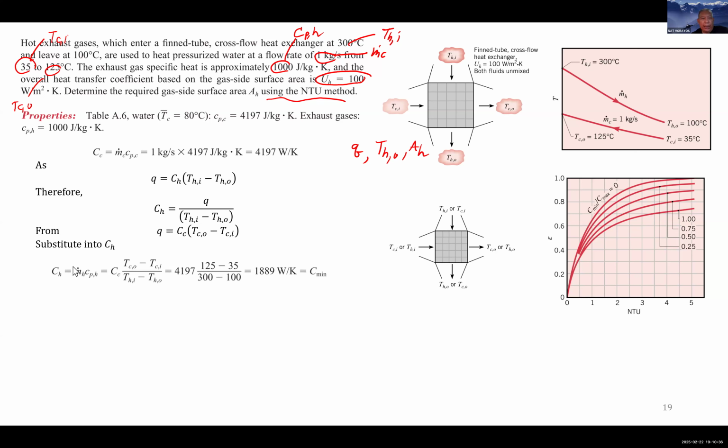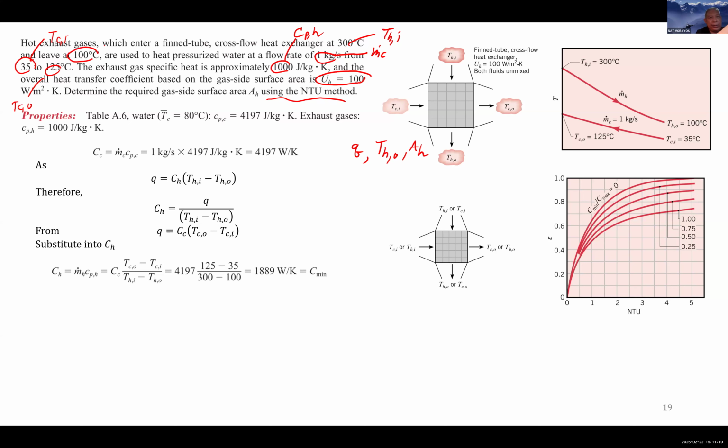And then, because this is the same Q, you equate this equation with that equation and rearrange it again. So once I rearrange this, I will know that my m dot H CPH is going to be equal to big CC multiplied by this ratio. Okay, not 3, we have all 4. I'm sorry about that.